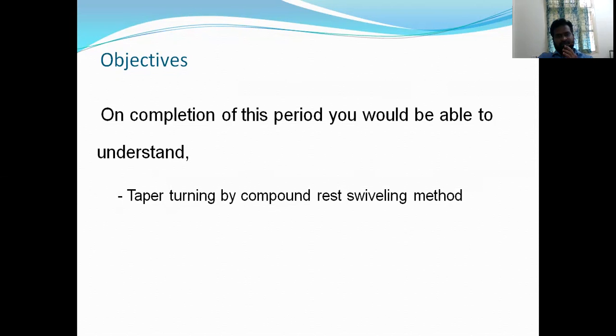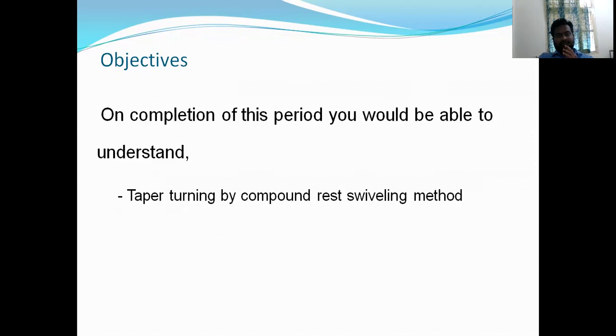In the first introduction level, we learned that for producing a cylindrical surface, the cutting tool is moving parallel to the workpiece axis. And for producing flat faces, the cutting tool is moving perpendicular to the workpiece. For producing taper shapes, we fix our cutting tool at an inclination to the workpiece axis.